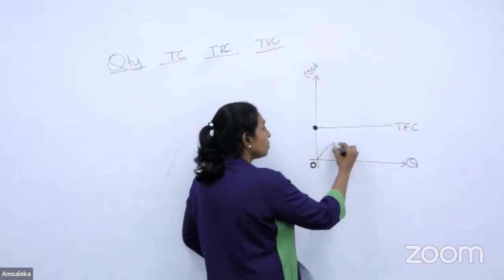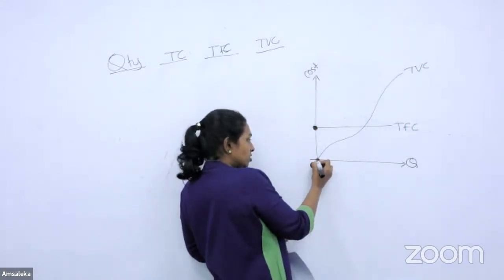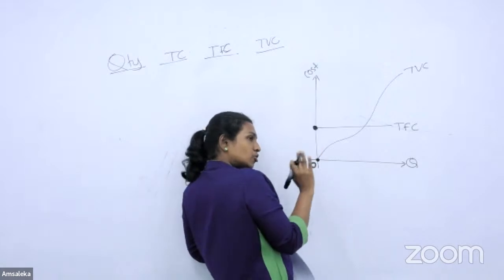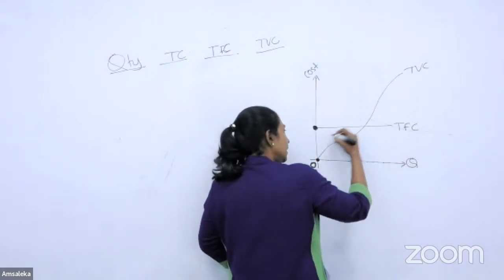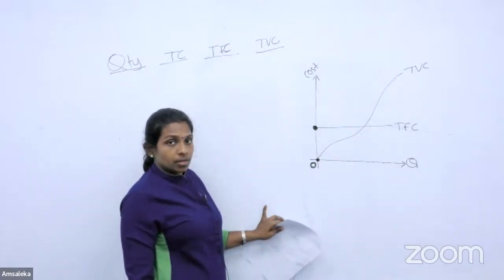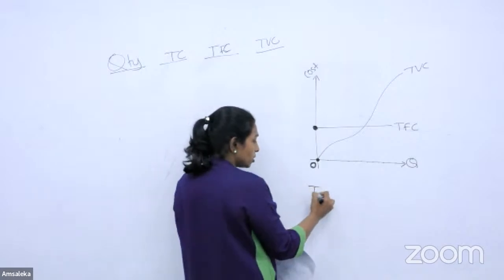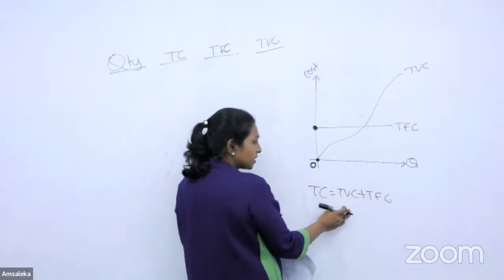And total variable cost moves upward, but no production means no variable cost. But when you start increasing your quantity, total variable cost will increase. Then what is total cost? Total cost is the addition of total variable cost and fixed cost.